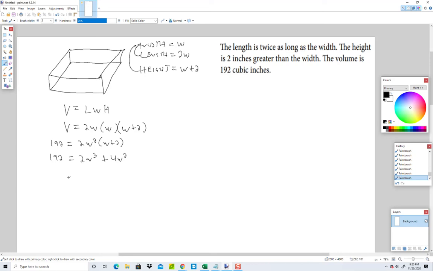Now we'll take the 192 over. The reason I got a 0 over here is because we're solving a polynomial. In solving a polynomial, your first step is to get 0 on one side, which we just did.